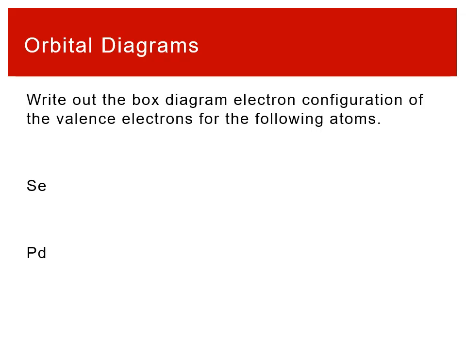So write the box diagram electron configuration of the valence electrons. Note, I'm only asking for the valence electrons here. As you may have figured out, these get really bulky really fast. So in order to save space, we're only going to look at the valence electrons for these. The question is, what are those valence electrons?